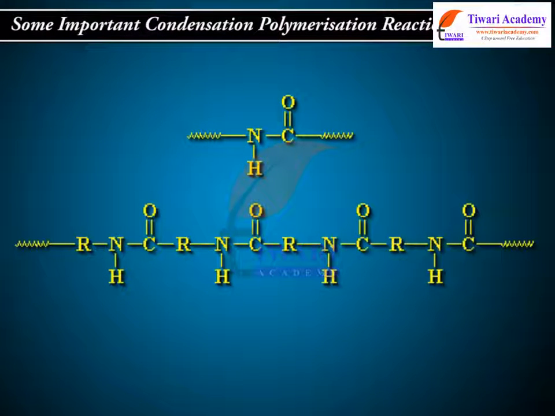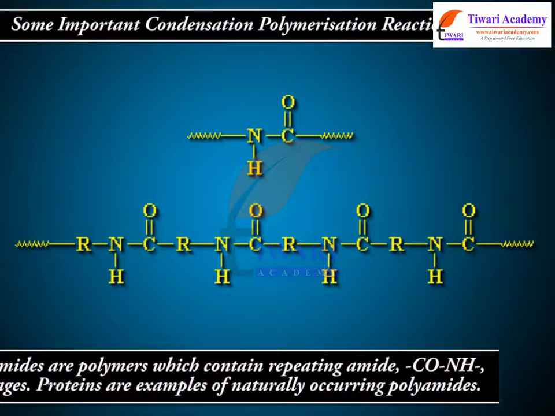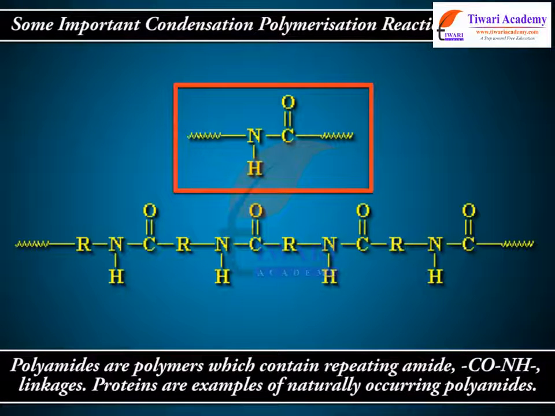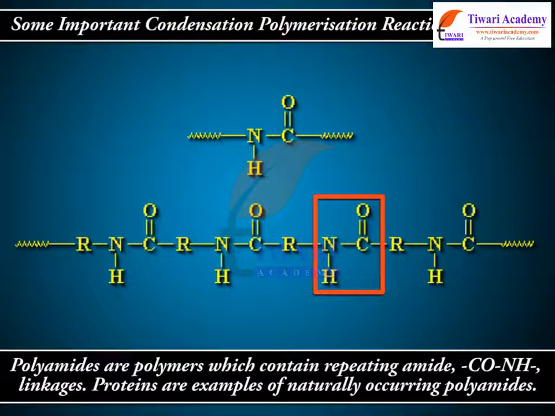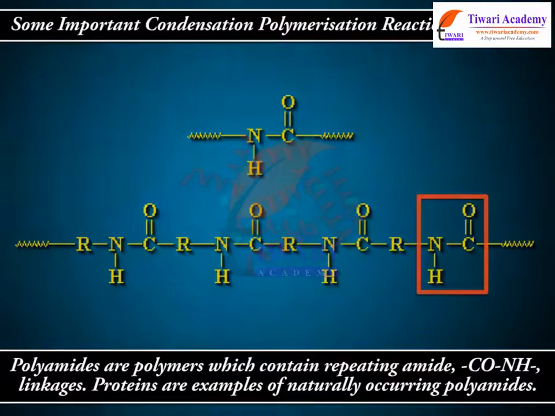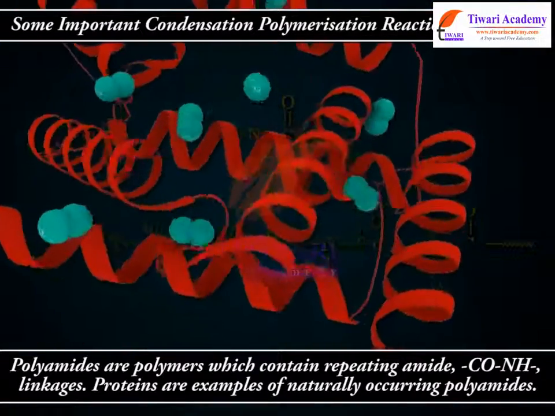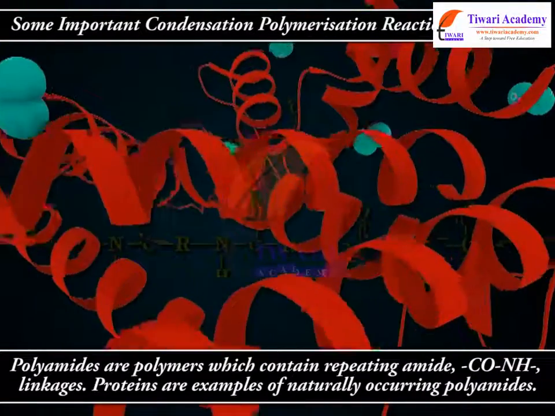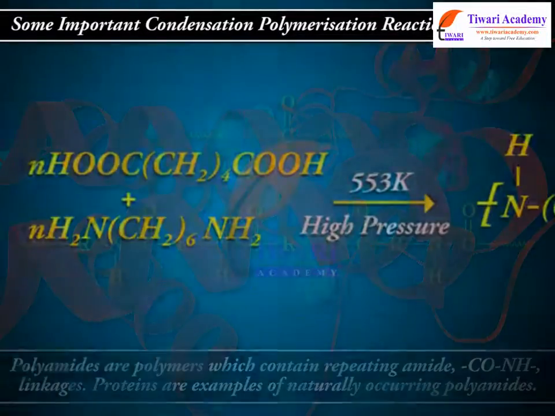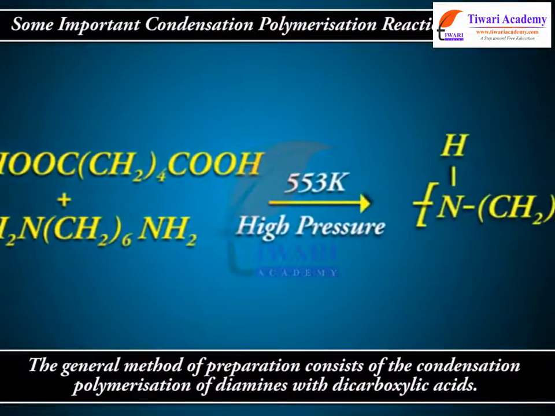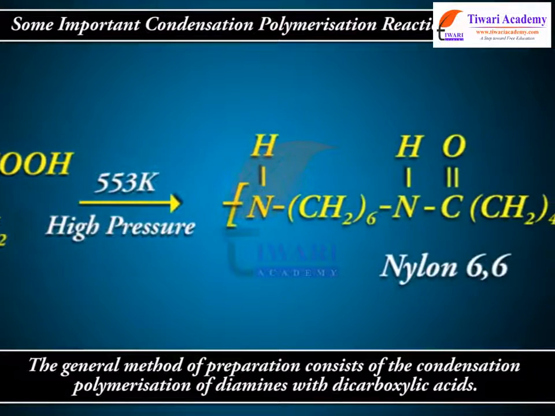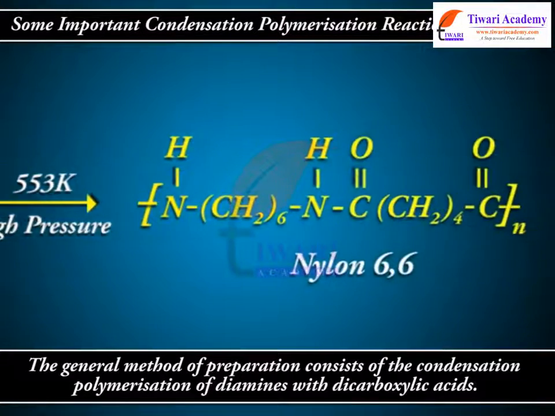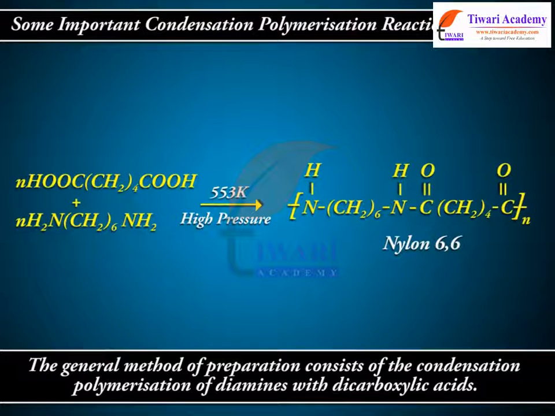Some important condensation polymerization reactions. Polyamides are polymers which contain repeating amide, CONH, linkages. Proteins are examples of naturally occurring polyamides. The general method of preparation consists of the condensation polymerization of diamines with dicarboxylic acids.